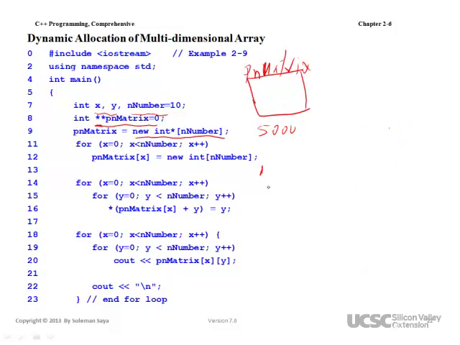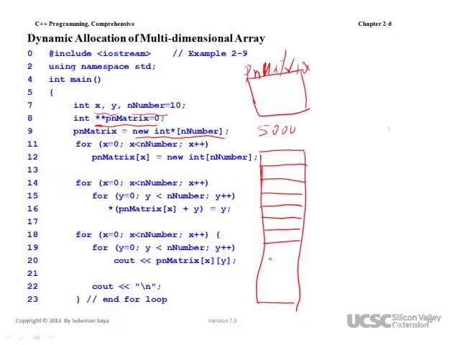So I will create an array of pointers right here. I have 10 pointers, starting with 0, 1, 2, 3, 4, 5, 6, 7, 8, 9. So it will go from 0 to 9.